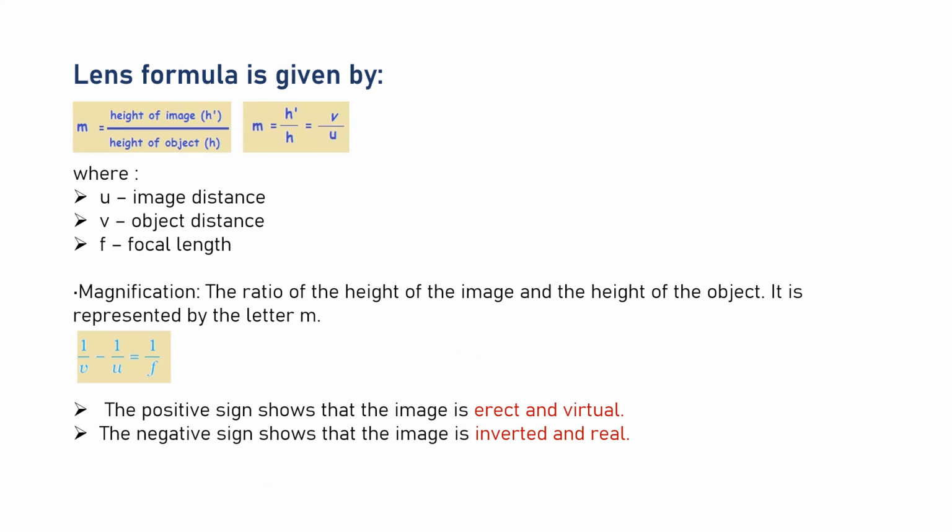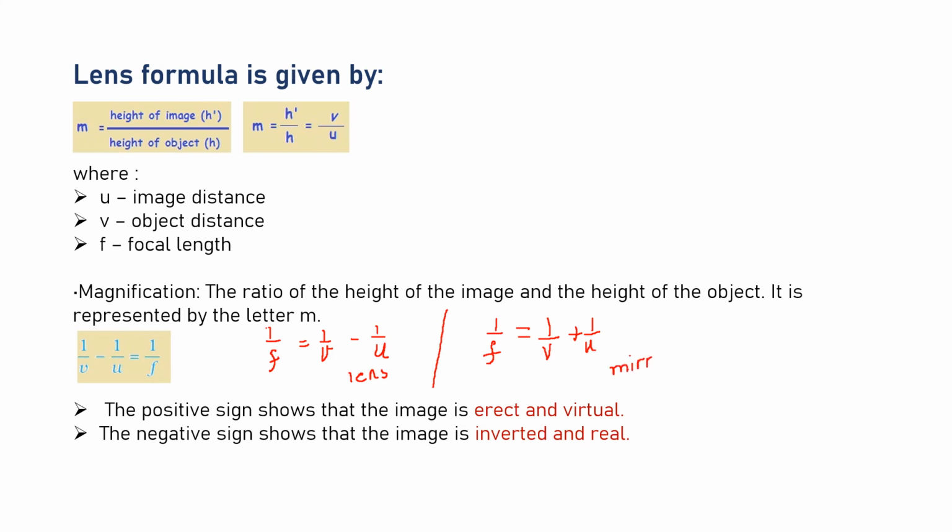Okay, this is in case of lens, right? In case of mirror it was 1 upon f is equals to 1 upon v plus 1 upon u. Right, children? This was a case of mirror.